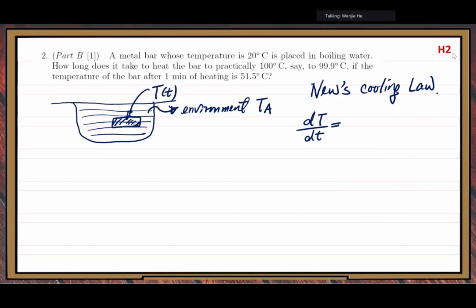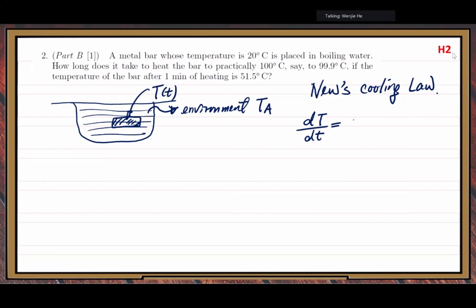So when we apply Newton's cooling law, we may write it slightly differently from what we did in our examples in class. But it is essentially the same.